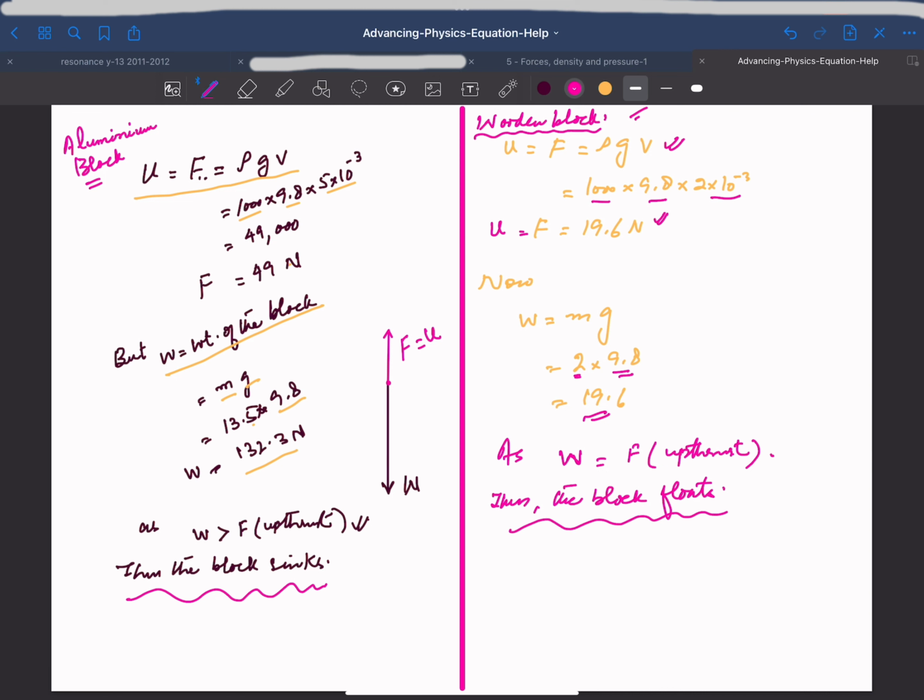This is very important to understand. Simply, the downward force, which is of course the weight, and the upthrust, which is the upward force, when these forces are equal in magnitude, the block floats on the surface of the liquid.